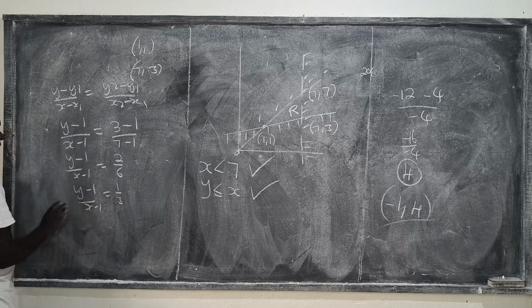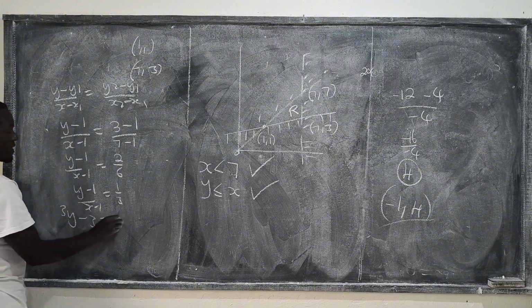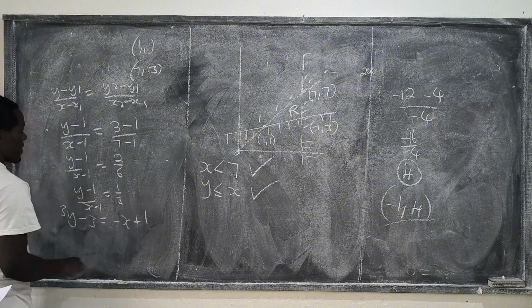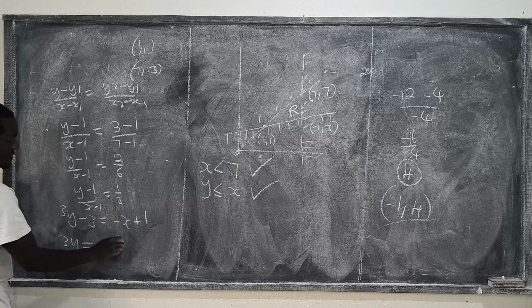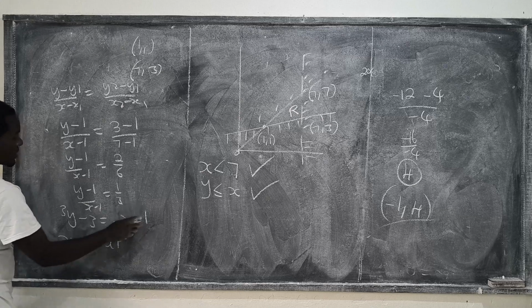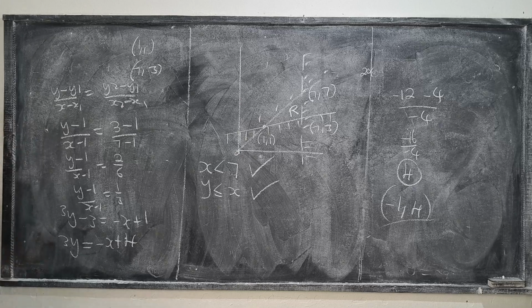So 3 multiplied by y is 3y, 3 multiplied by negative 1 is negative 3, is equal to negative x plus c. Group like terms, you have 3y is equal to negative x plus c. This and that will now be 4. Then you end there. If you want, you can divide, but you can just end there.